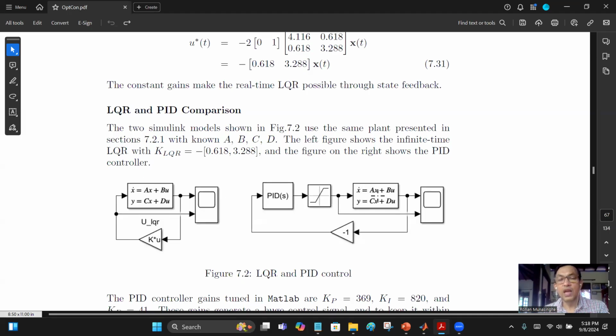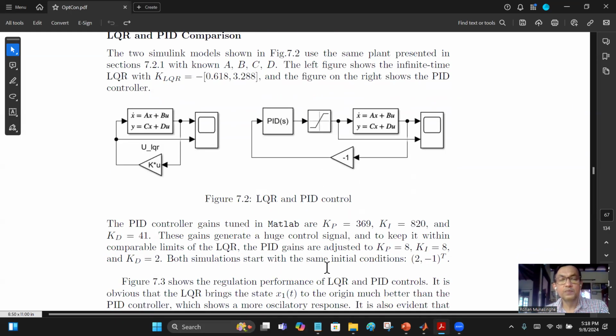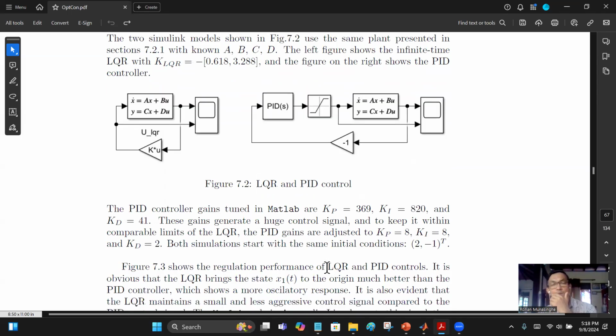On the right hand side, we have a PID controller designed in MATLAB using the MATLAB keywords given, and then use the state feedback. The PID controller controls the plant, and we have the result. Here MATLAB generates KP 369 for this plant, KI 820, and KD 41.